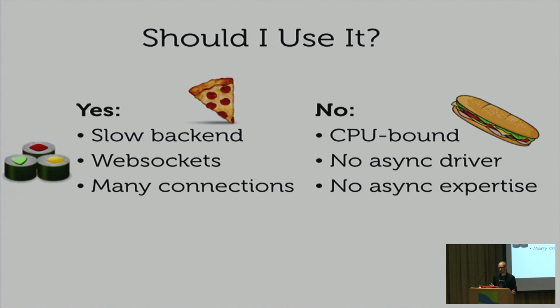Another really important point is if you don't have an async driver for some backend that you're talking to, you shouldn't use async. So with MySQL, for example, there's no official asynchronous driver for MySQL for Python. So if you're using MySQL, I would recommend against using async. Because if you use a blocking driver with an asynchronous framework, you end up in the worst of both worlds.